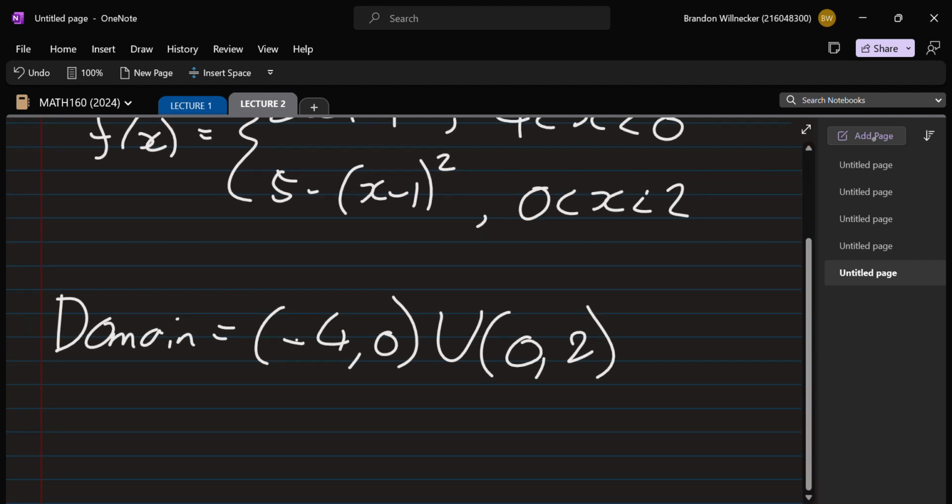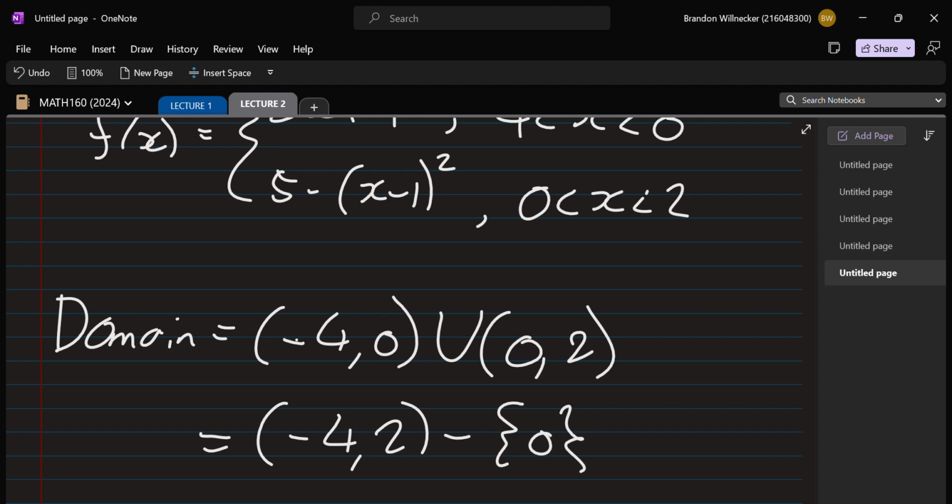If you want to be a bit creative with this, we could also write it as -4 to 2 minus the singleton 0. Okay, that's another way of writing it. It means exactly the same thing, and you need to understand that it means the same thing. Okay, so I'll just put a little star here. It's just a little creative way of writing that, but you should know exactly what that means.